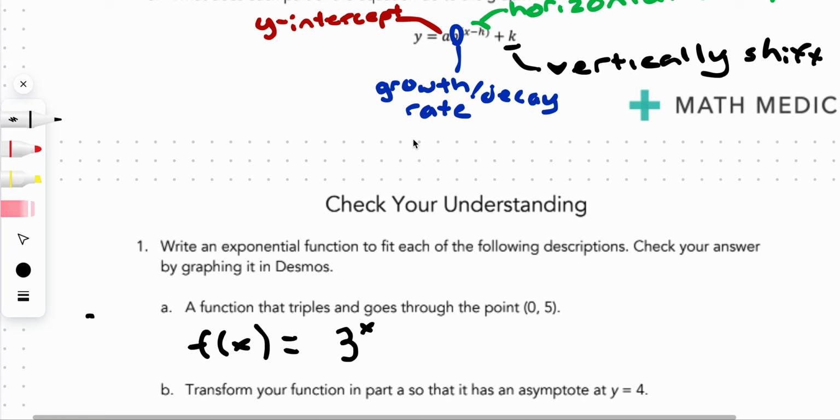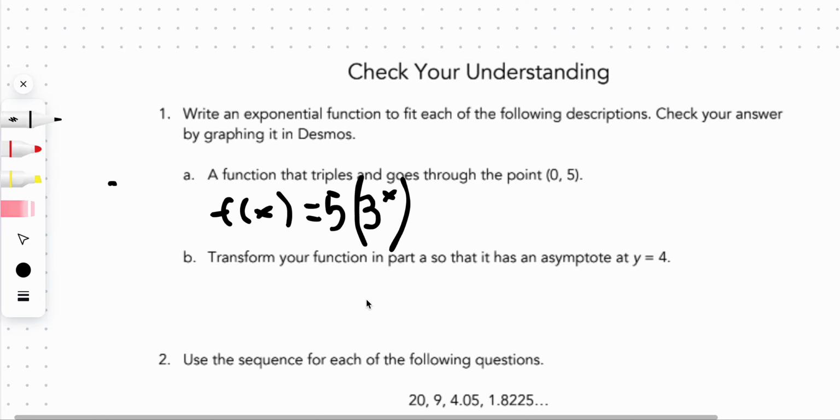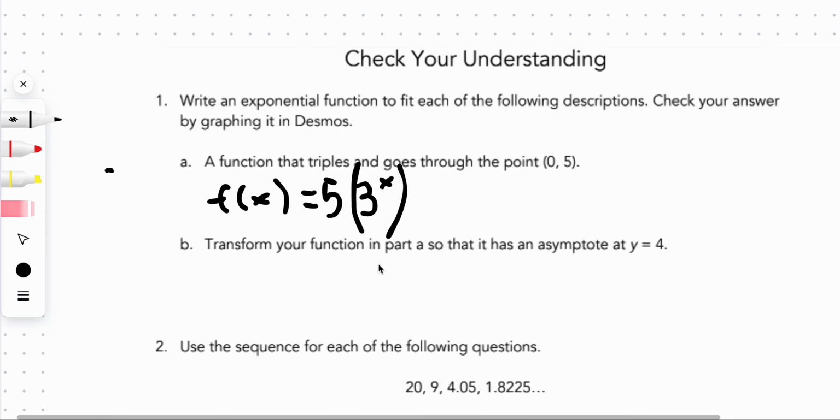I suppose you could horizontally shift it, but that'd get really weird and you'd get some crazy decimal. You could vertically shift it up 5, so you could add 5. Or we could have 5 on the outside here, and that's what I'd recommend. There's a bunch of different ways, but this is our function. It triples because our b value is 3. It goes through the point (0, 5) because our a value outside is 5. If we plug 0 in for x, we'll get 5 as the y value, so that satisfies that.